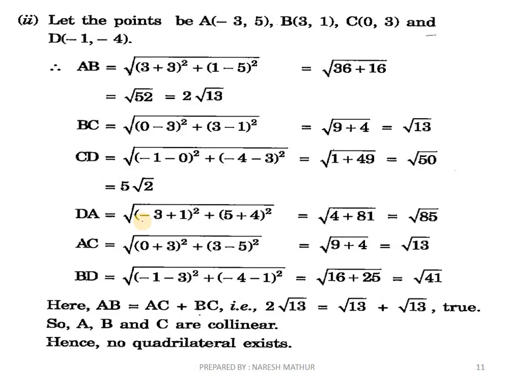In the second question, we are getting different measurements for the sides. And we can see that AB equals AC plus BC. Twice root 13 is equal to root 13 plus root 13. It means it satisfies the concept of collinear.